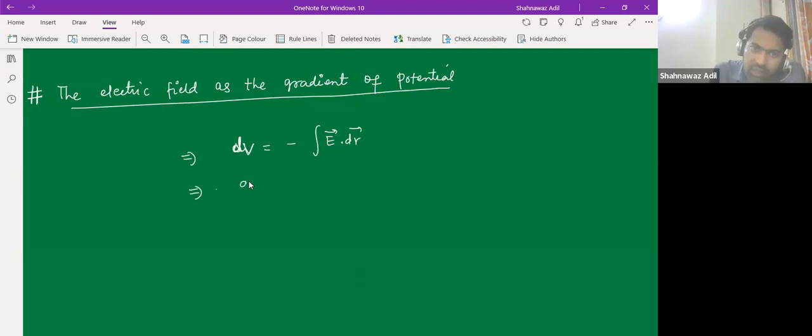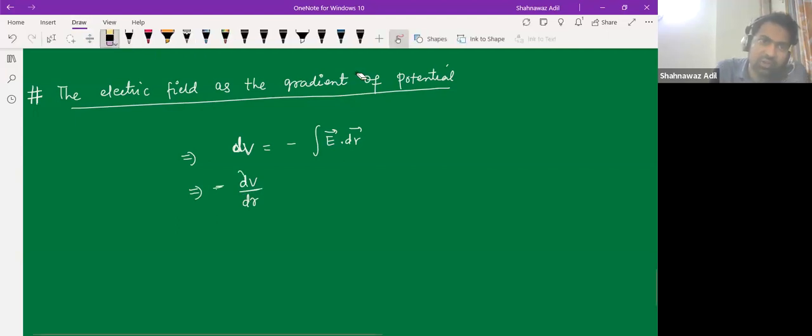So this will become dV by dr, and this is minus. So this is how we write the electric field as the gradient of potential.